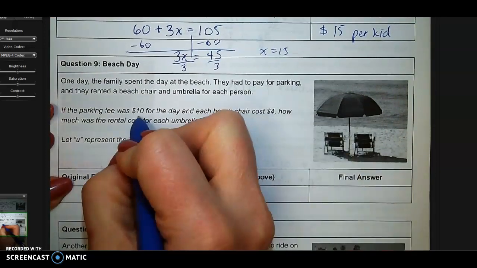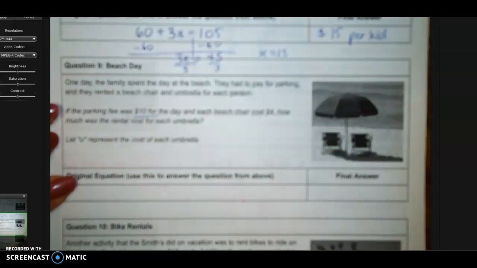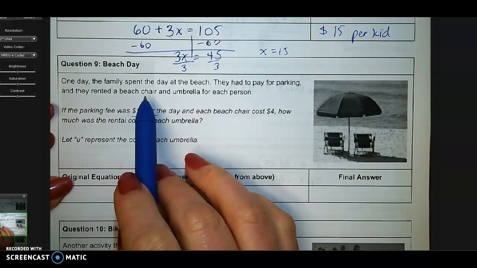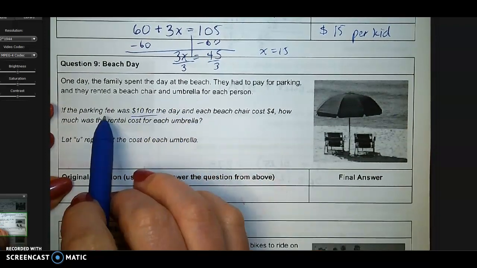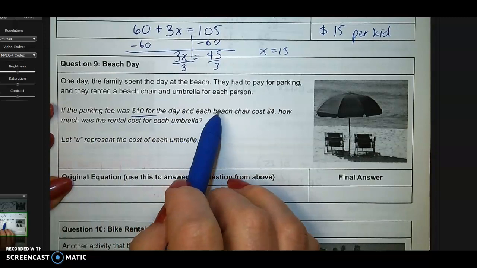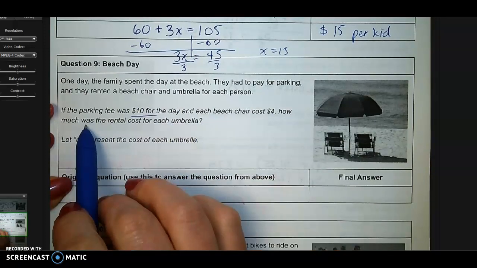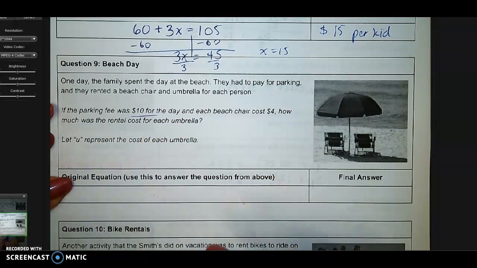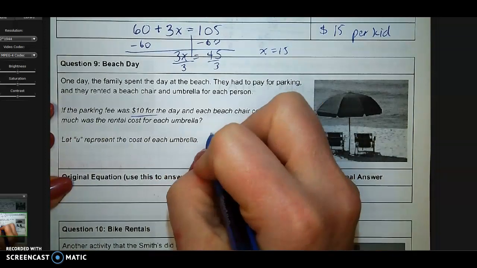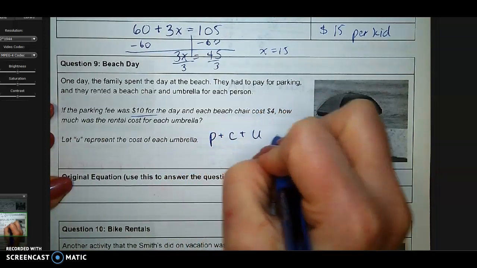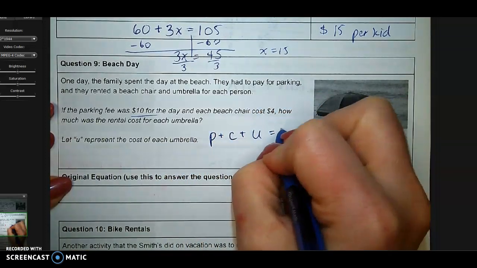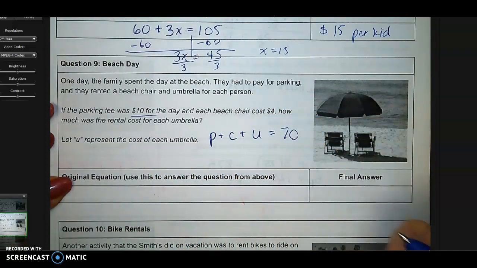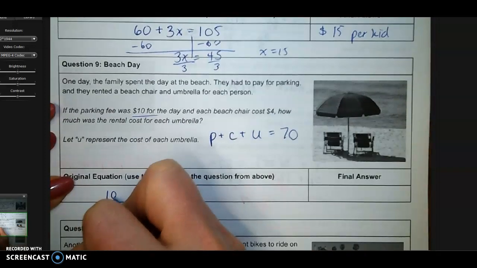Our next one was a tough one, so was the next one, but they had to pay for parking, and they had to rent a beach chair. It says the parking fee was $10 for the day, and each beach chair cost $4. How much was the rental cost for each umbrella? So we have parking plus the chairs plus the umbrellas, and our total for that beach day is $70. The parking fee was $10.